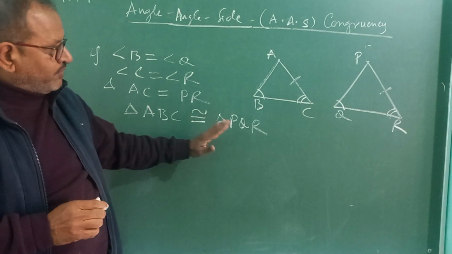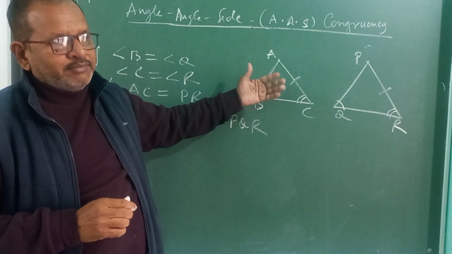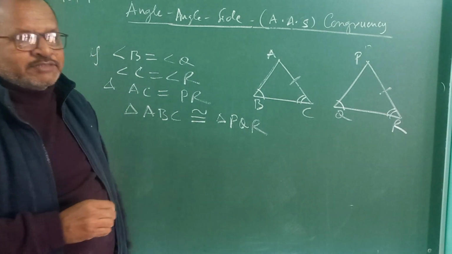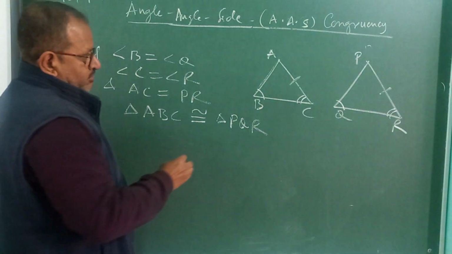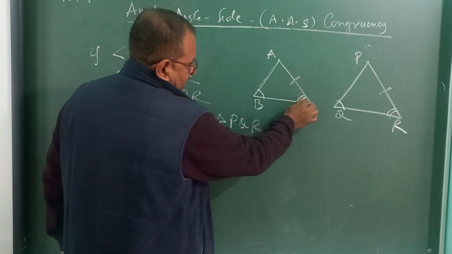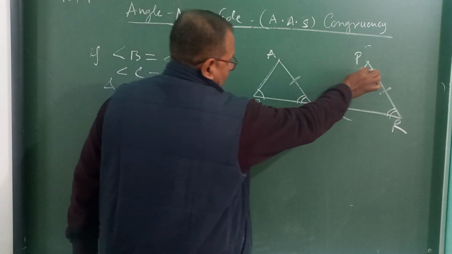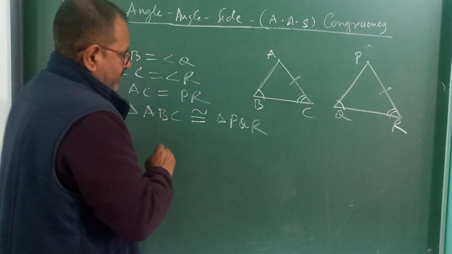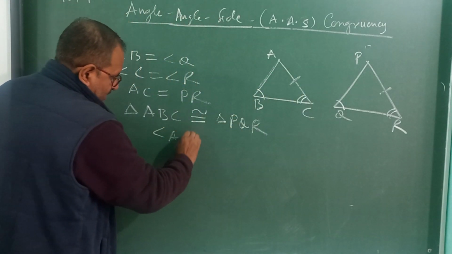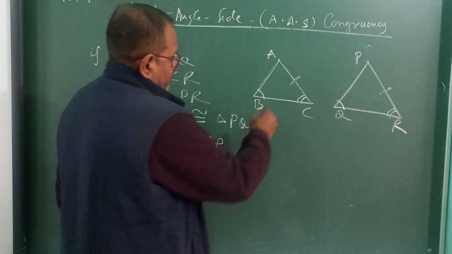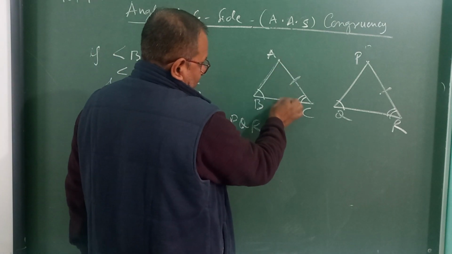After proving congruency, we can write the remaining parts of the triangle equal. Remaining parts means corresponding parts. So we can see that two angles are given equal here. So the third angles, angle A and angle P, will be equal. We can write angle A is equal to angle P. And we have two sides.